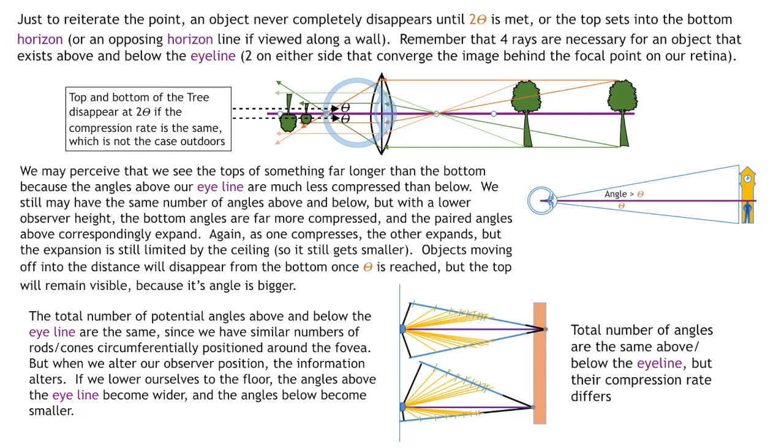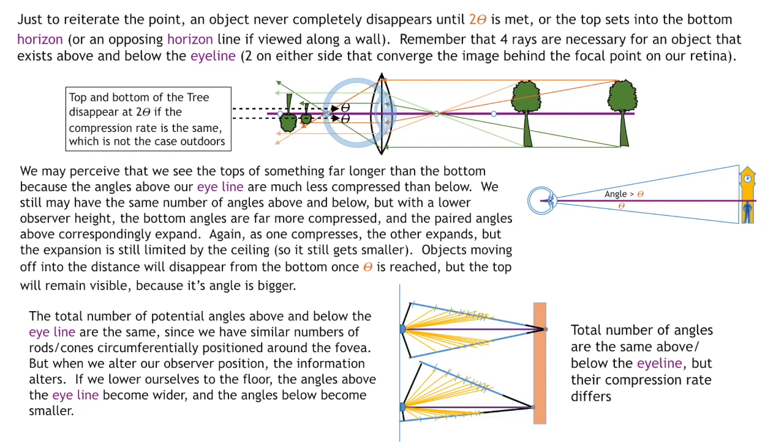Here with our tree diagram, I'm representing the top and the bottom of the tree disappearing at 2 theta, but that's if the compression rate is the same, which is of course not the case outdoors. You are closer to the ground than you are to the ceiling or sky.